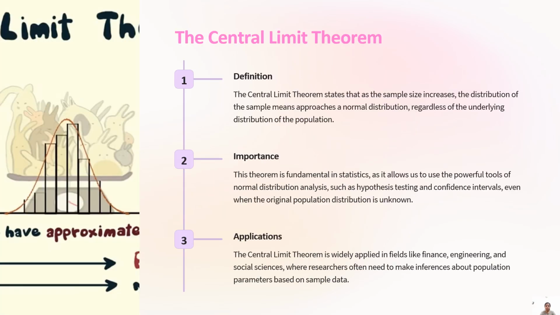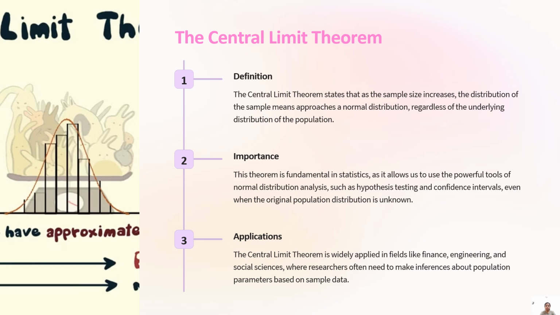The central limit theorem. So the definition of central limit theorem is, it states that as the sample size increases, the distribution of the sample means approaches a normal distribution regardless of the underlying distribution of the population. Importance.